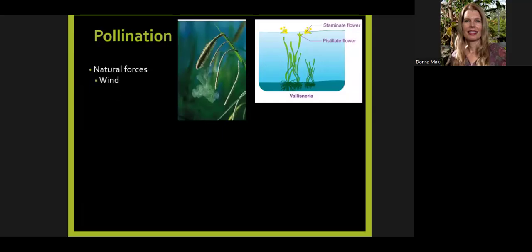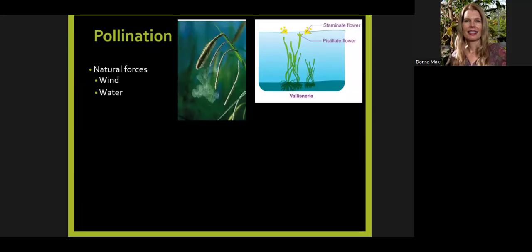So with gymnosperms, we talked about how the pollen releases from the cones and it's wind. Well, some angiosperms can do that too, where there's a lot of wind causing the release. That's a very nice picture showing the grasses with some lovely pollen getting released. You can get spread of pollination over water.